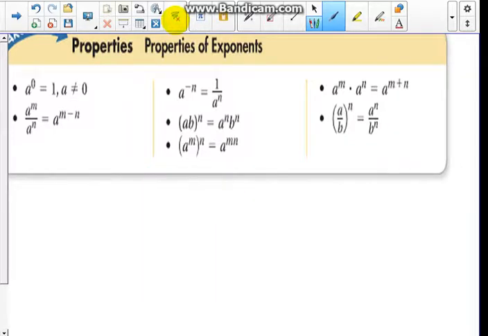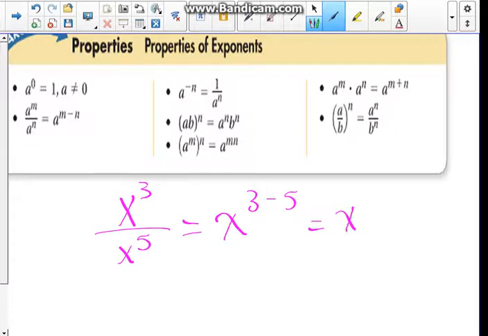Now what happens if it's turned around, where we have, let's do x to the third power over x to the fifth power? Well, that becomes x to the 3 minus 5 power, which is equal to x to the negative 2 power.